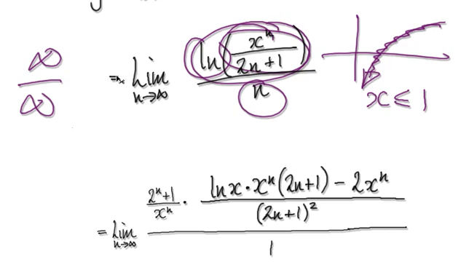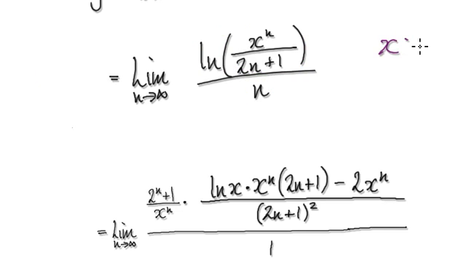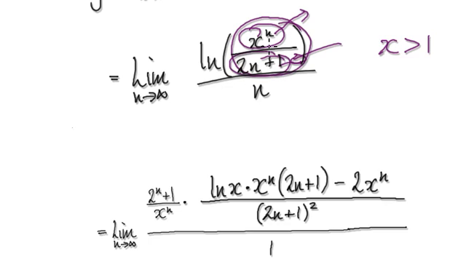So it's still indeterminate. In the case of x being greater than 1, this thing here is going to grow and grow and grow. It will eventually overtake the denominator, meaning the whole thing here is getting bigger and bigger and bigger.